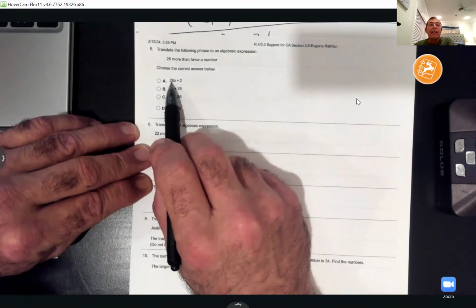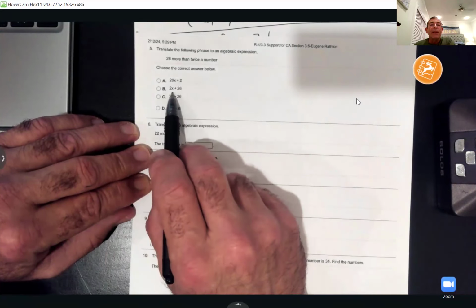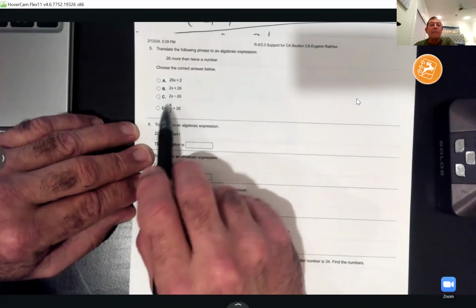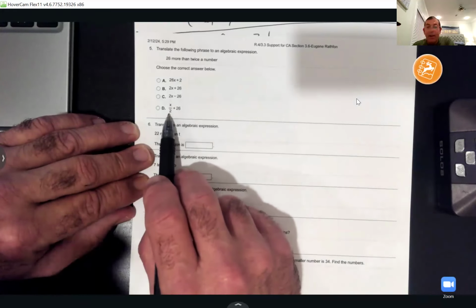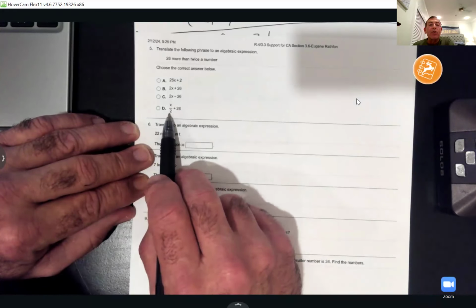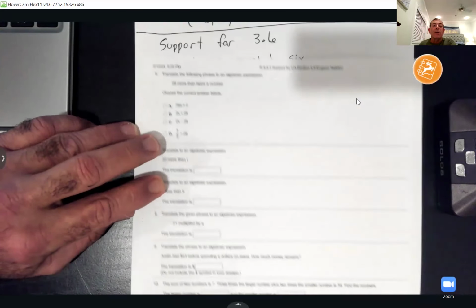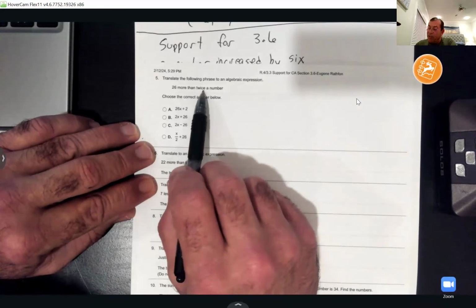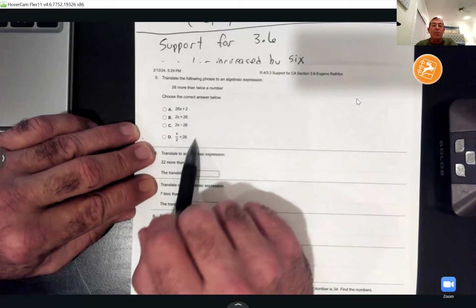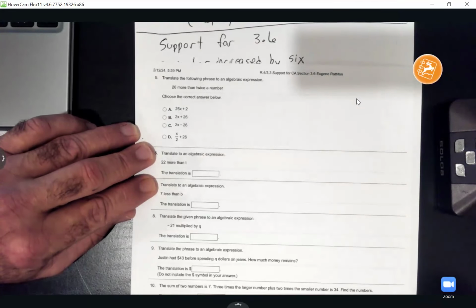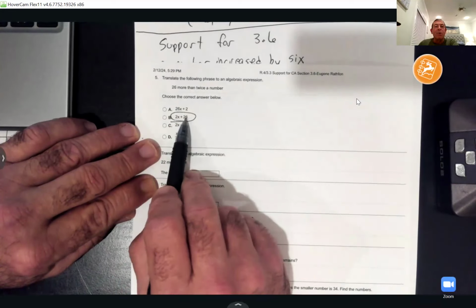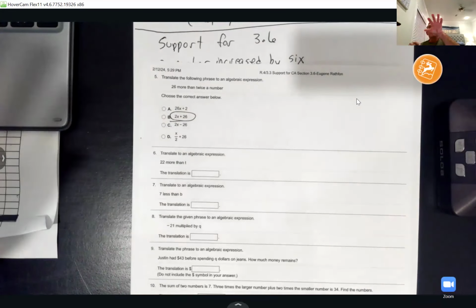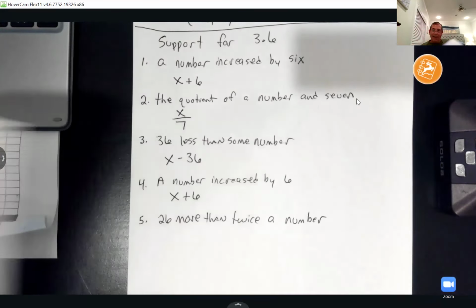A is 26x plus 2. B is 2x plus 26. C is 2x minus 26. And D is x divided by 2 plus 26. Which one of those is 26 more than twice a number? Is that B? B, perfect. All right, 26 more, and then twice the number meant multiplication on that, okay?